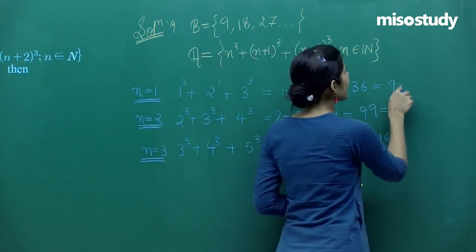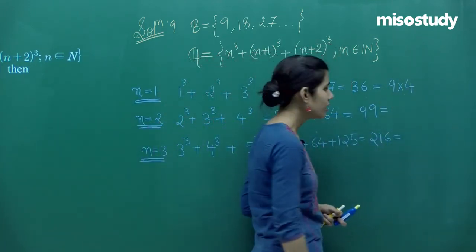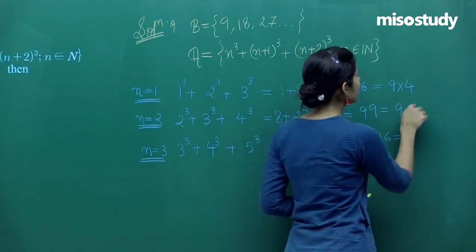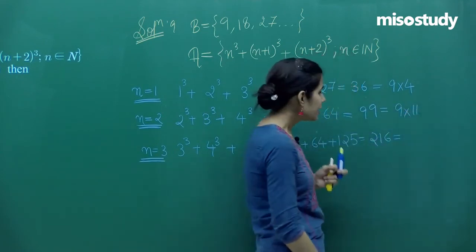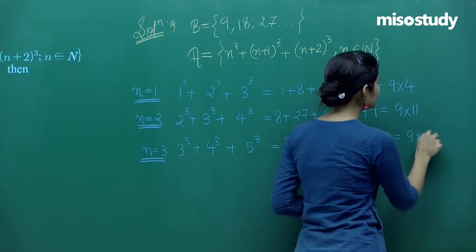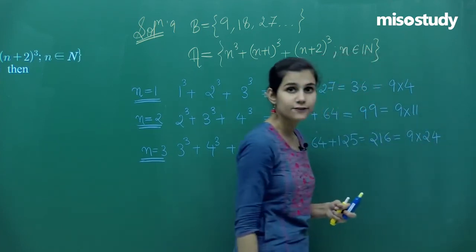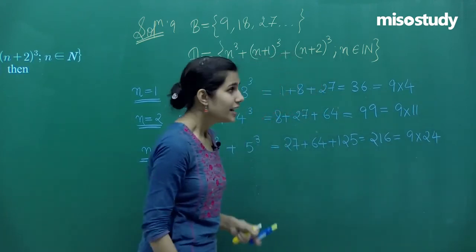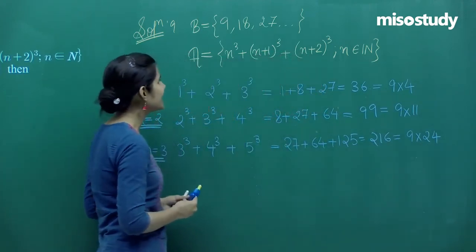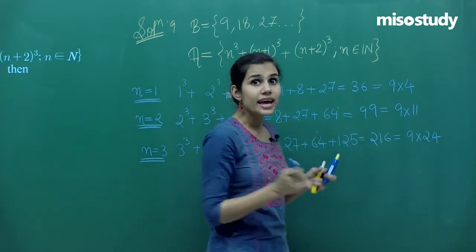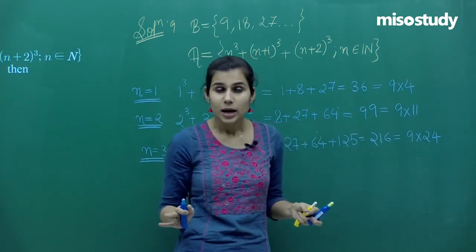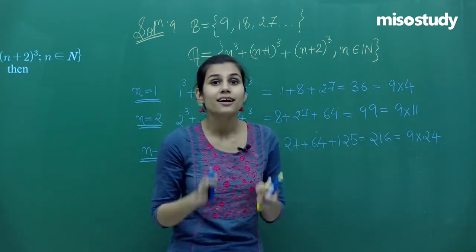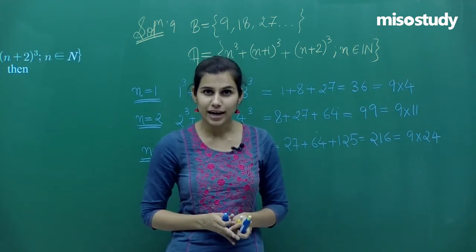36 can be written as 9 into 4. 99 can be written as 9 into 11. In fact, 216 can be written as 9 into 24. This is the pattern which gets followed. This means inside set A, we don't have every multiple of 9, but whichever members are there are definitely multiples of 9.